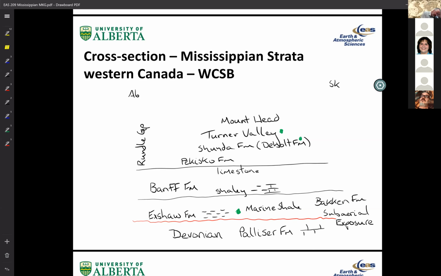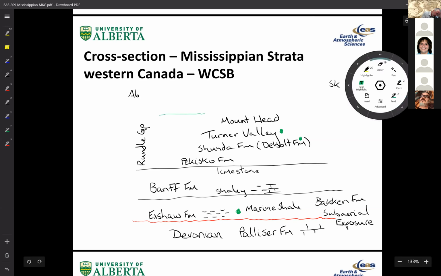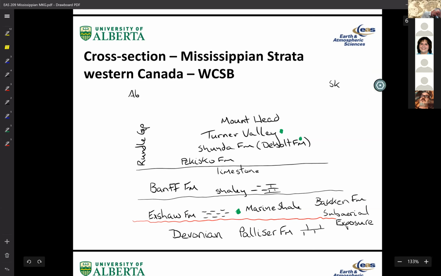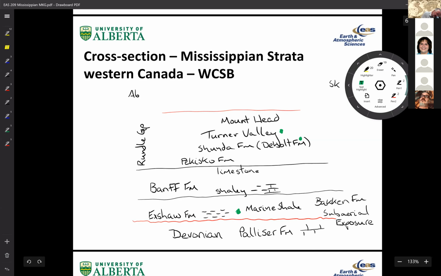On top of all of this, after a small time gap, a smaller unconformity, we stay in the Mississippian, and you go into what is the Etherington Formation. But really, the Etherington Formation can be difficult to tell from the top of the Rundle Group too.